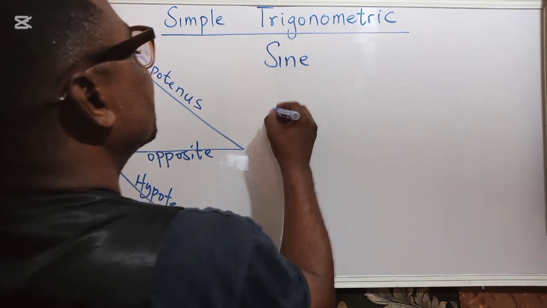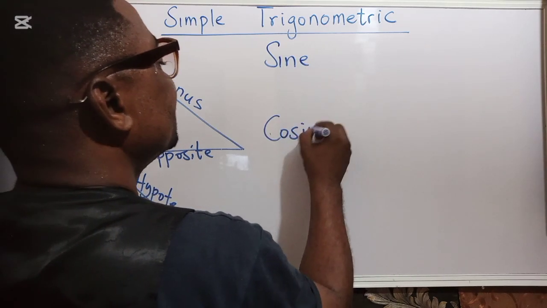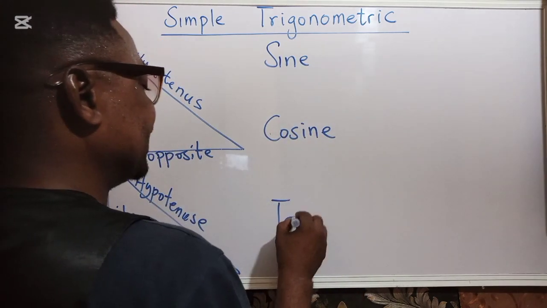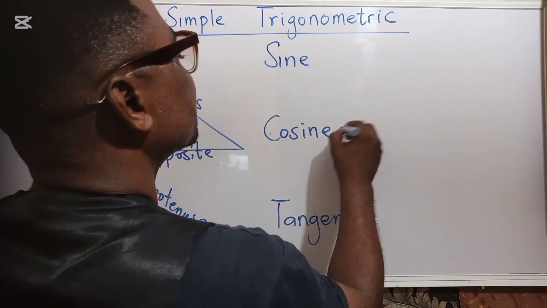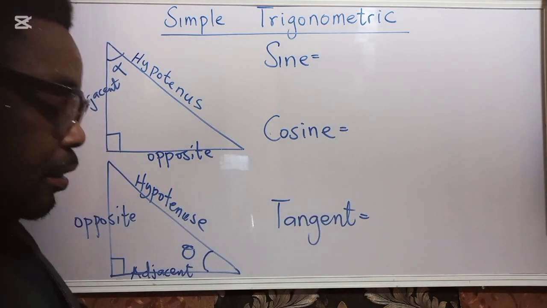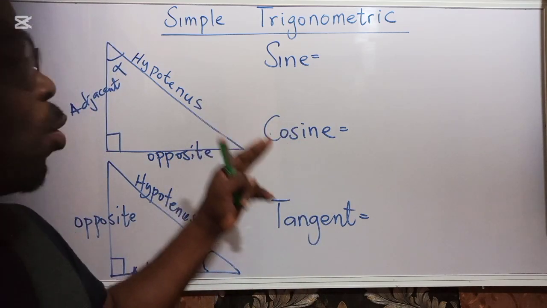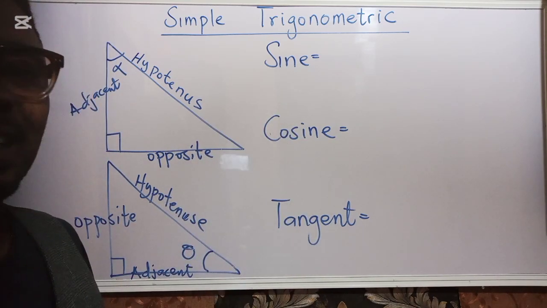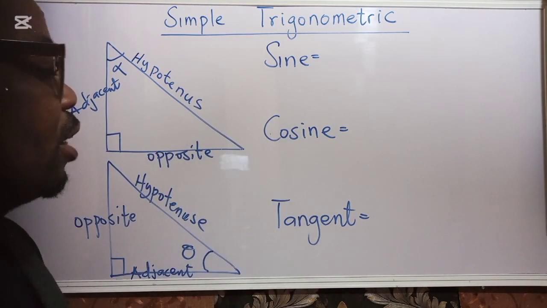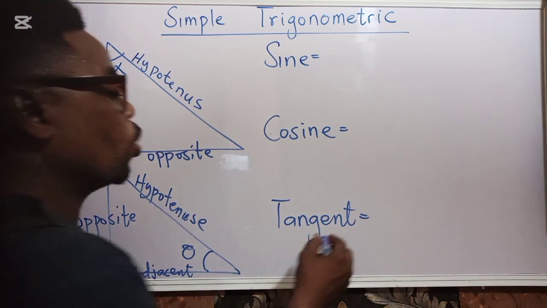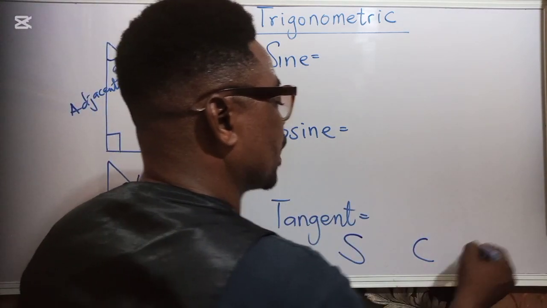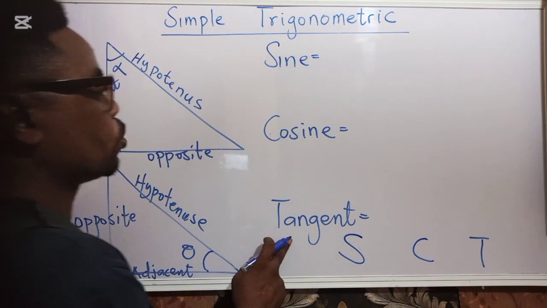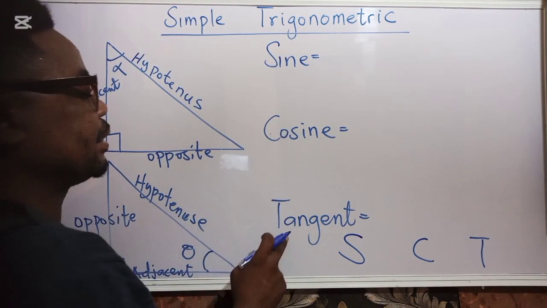Sine, cosine, and tangent. Now, when you look at this one, what we normally use is we take the S of this one, the C of this one, and the T of this one: sine, cosine, and tangent.